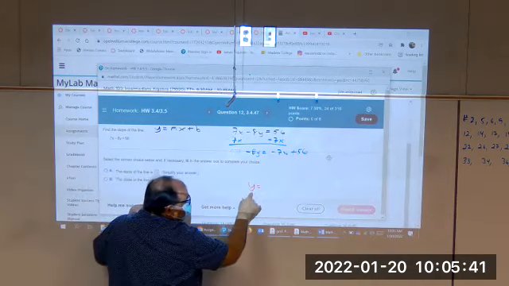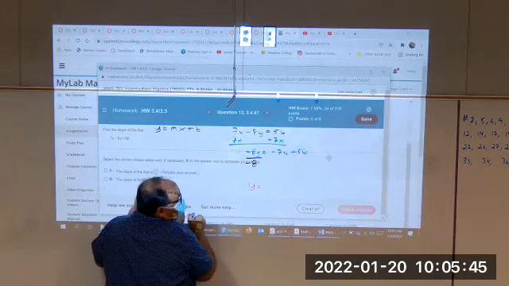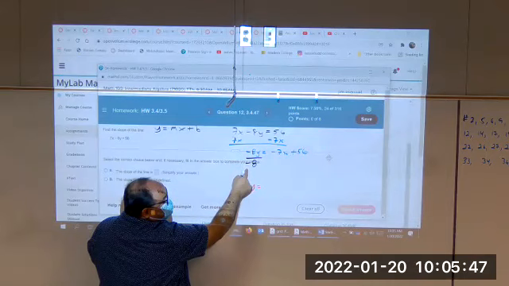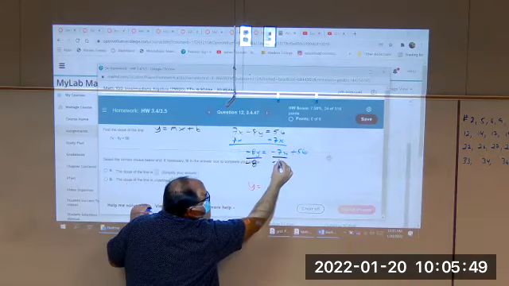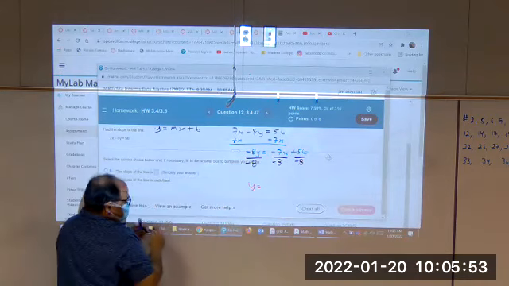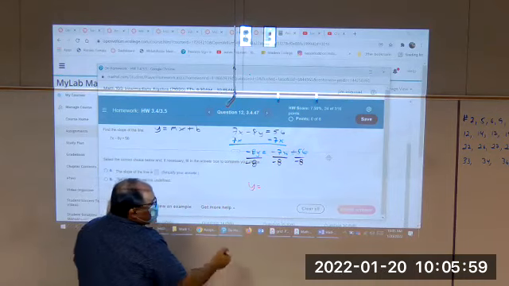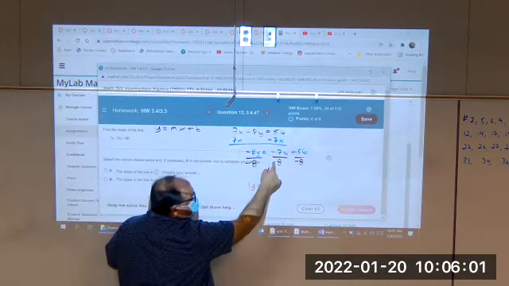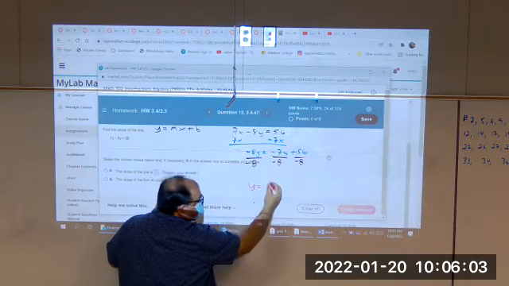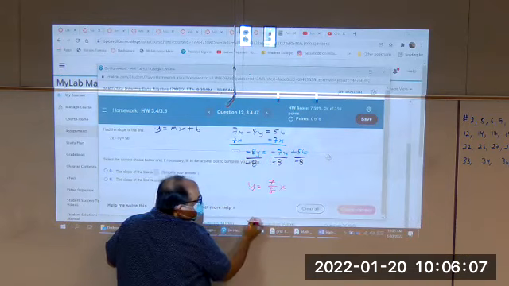Then to get positive y, you have to divide by negative 8. If you divide one term by negative 8, everybody gets divided by negative 8. Simplify your answer. So y equals, a negative over a negative is a positive, so this is positive 7 over 8 times x.